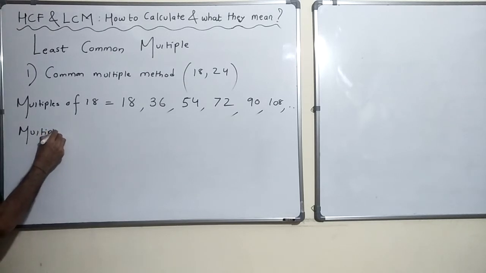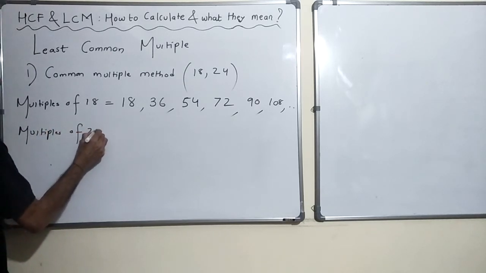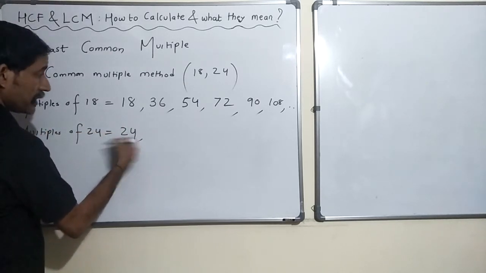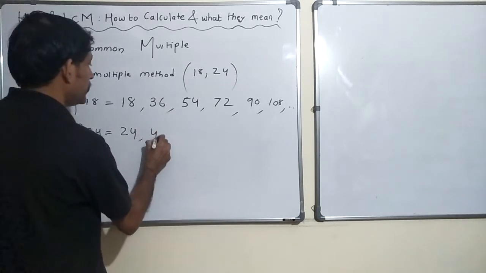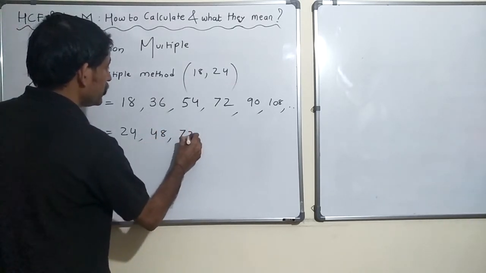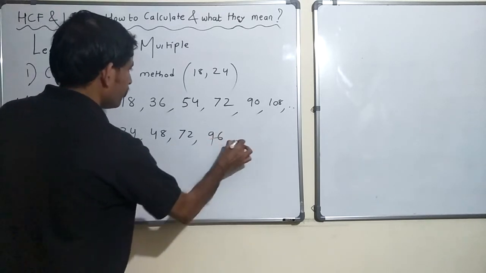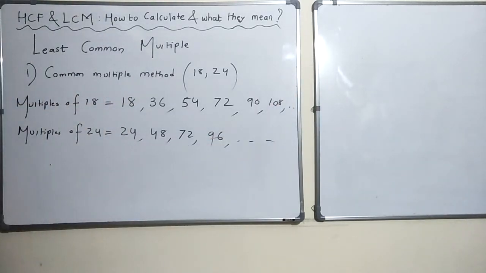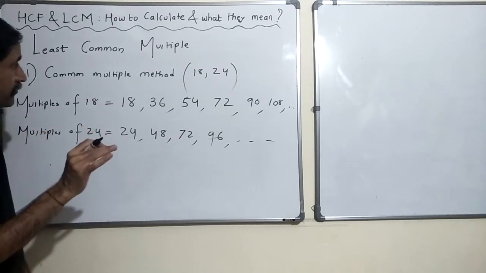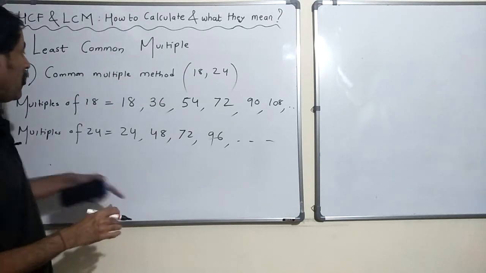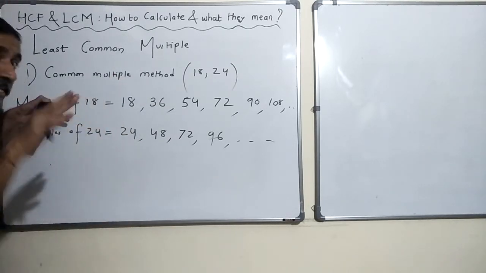Let's write down multiples of 24. 24 is the first, 48 is next, 72 is next, and 96. Continue.